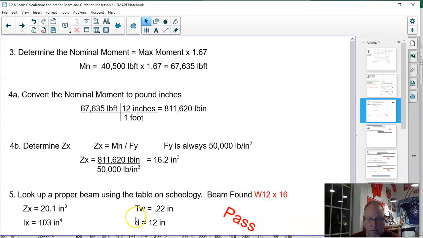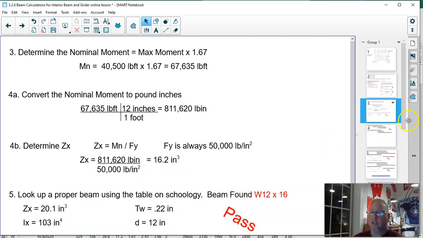And I wrote all of those numbers right down here, and actually this is the first test we do, because the first test we do is that ZX that you choose for your beam has to be bigger than the ZX that you calculate. And the ZX I got for my beam when I looked it up is 20.1. The ZX I calculated is 16.2. So this is officially a pass for test number 1.